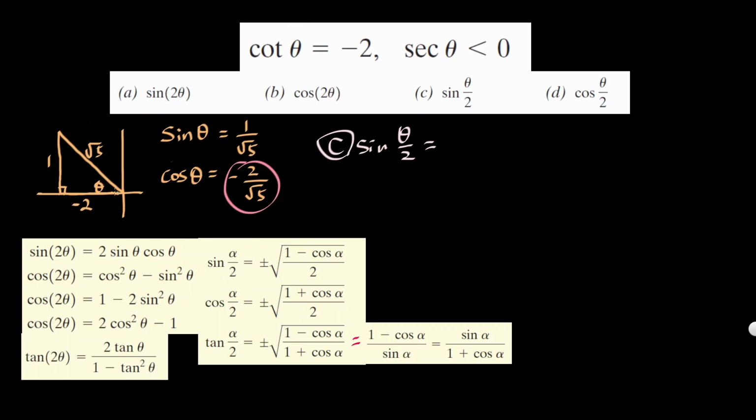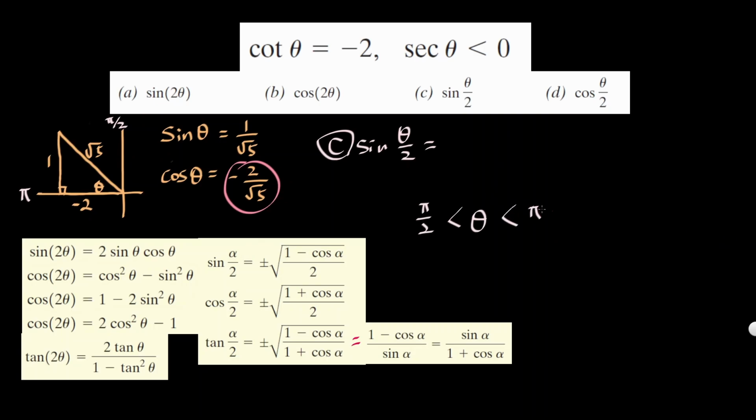There's no domain here, so this is a bit tricky. Looking at theta only, it has to be greater than pi over 2 and less than pi.